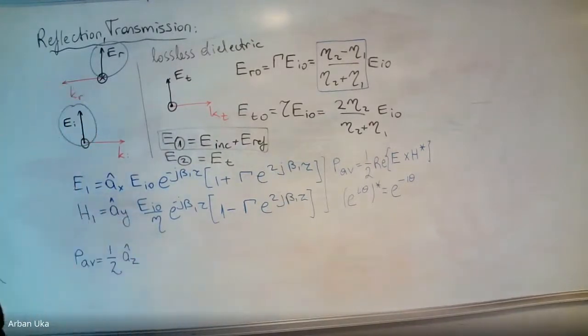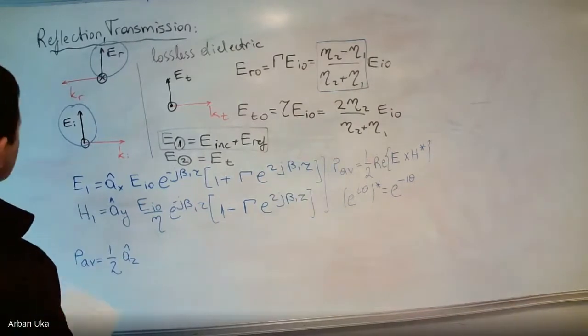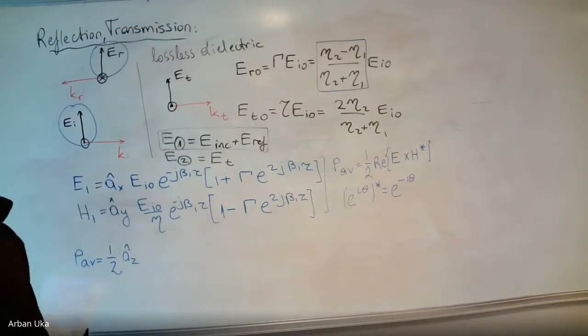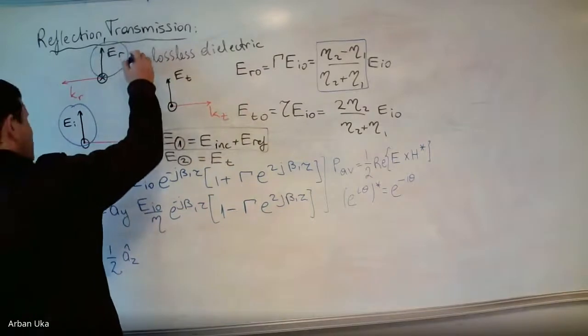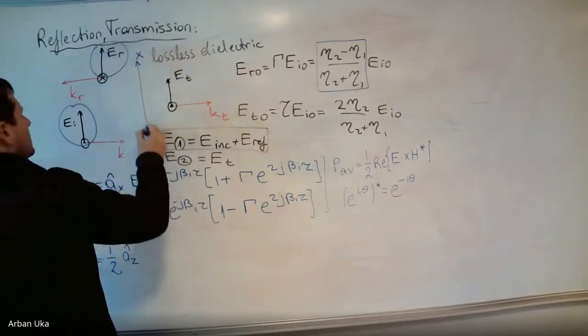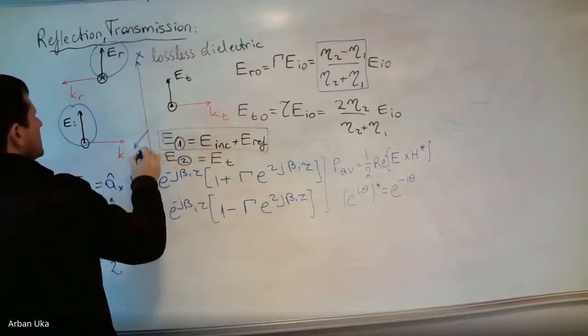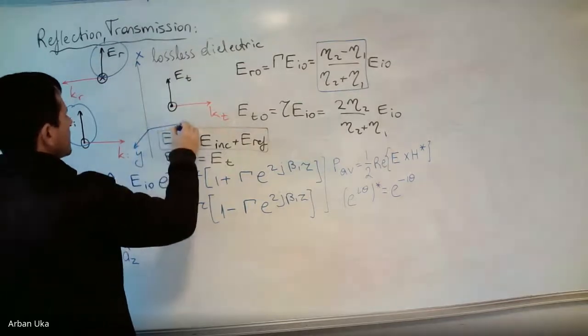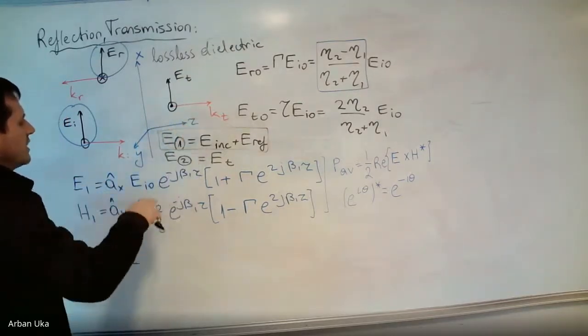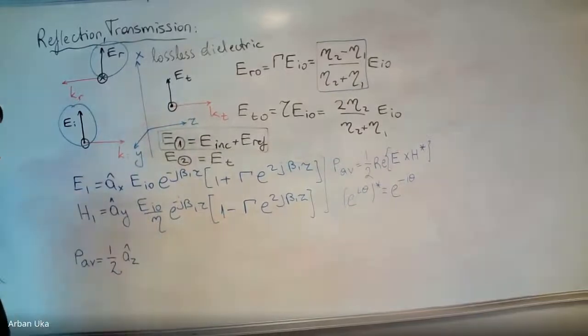Okay? And by the way, if we've written here a_x, this means that X is in this direction, so this is X. Y is pointing in this direction, and the direction of the propagation of the waves is in the positive Z, in this way.